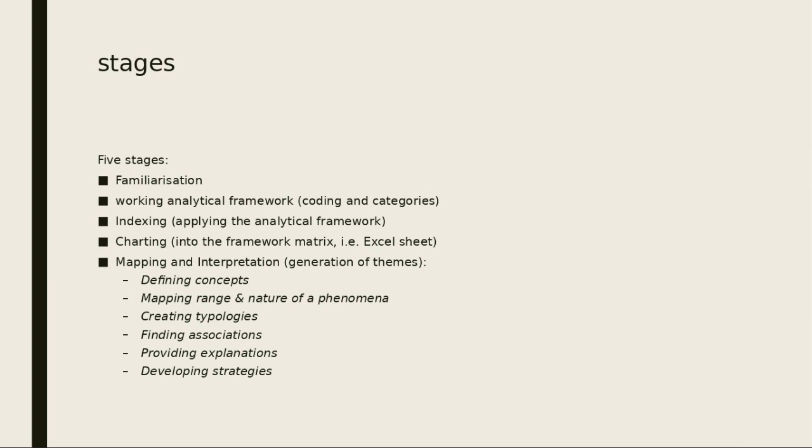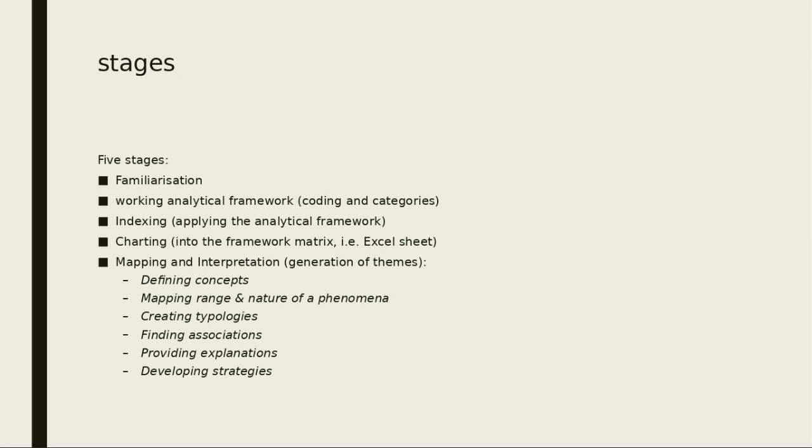Finding associations within the data and providing explanations, because obviously qualitative research is trying to provide explanations of a particular phenomenon that you are analyzing. Or you can also develop strategies.